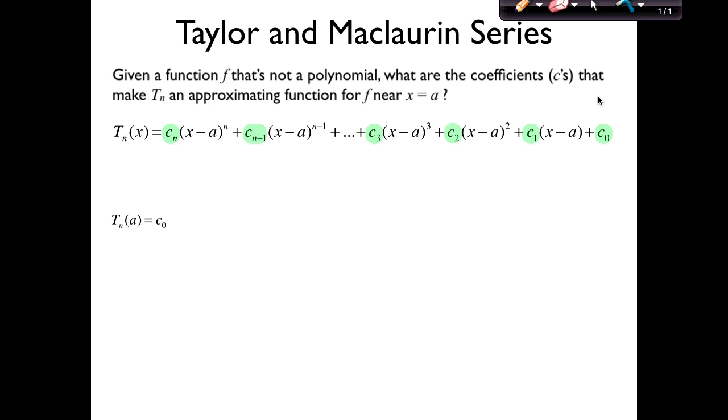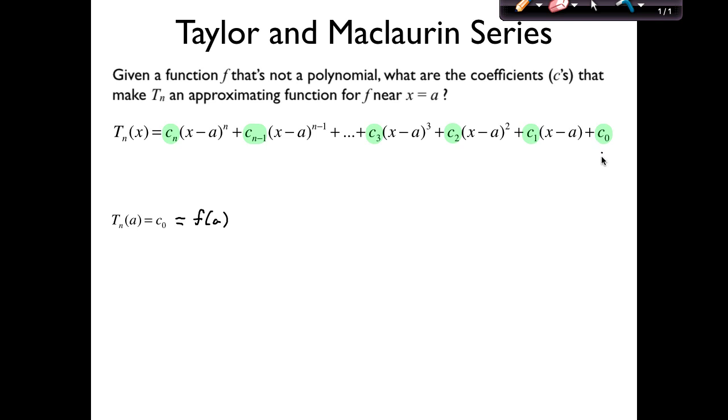Any ideas? Yeah, right. What we want to do is make it f of a.